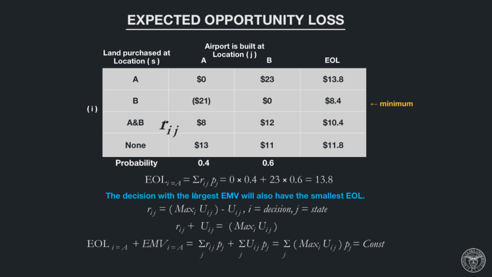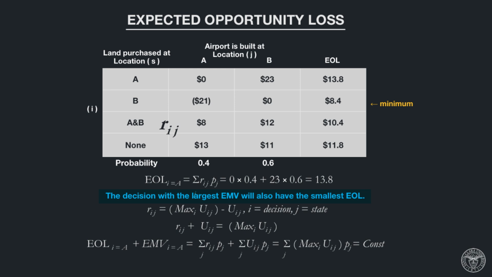Actually, if we compare the optimal decision from the expected opportunity loss and the expected monetary value, we find that they have the same optimal decision. And this will happen all the time. In other words, the decision with the largest EMV will also have the smallest EOL.